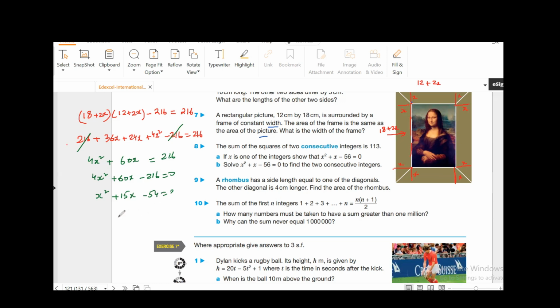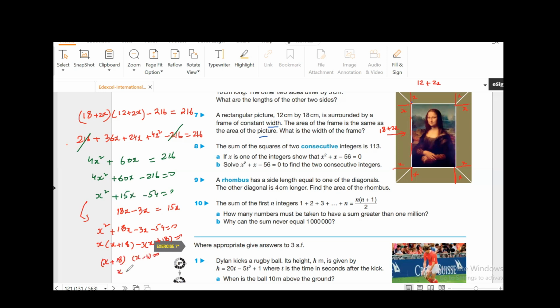So any other numbers? 18 and 3 will work. 18 times 3 is 54, and 18 minus 3 is 15. So I can say that 18x minus 3x gives exactly 15x, and if we multiply, it would be minus 54. So x squared plus 18x minus 3x minus 54 is equal to 0. x is common, x plus 18, minus 3 is common, so x plus 18 and x minus 3.